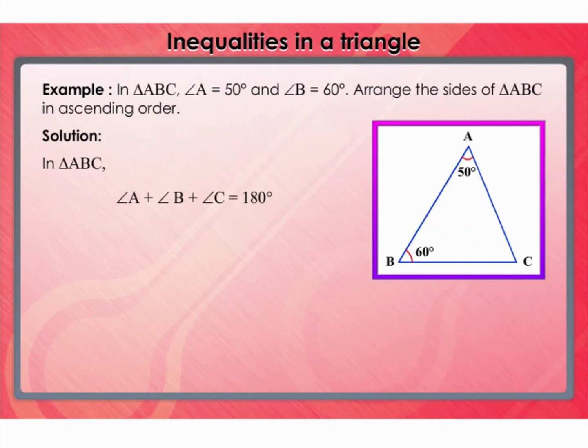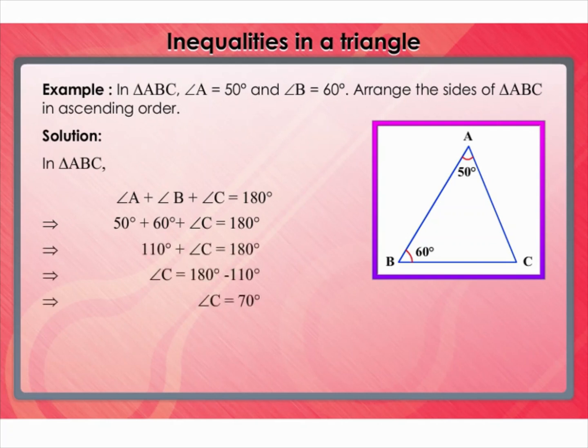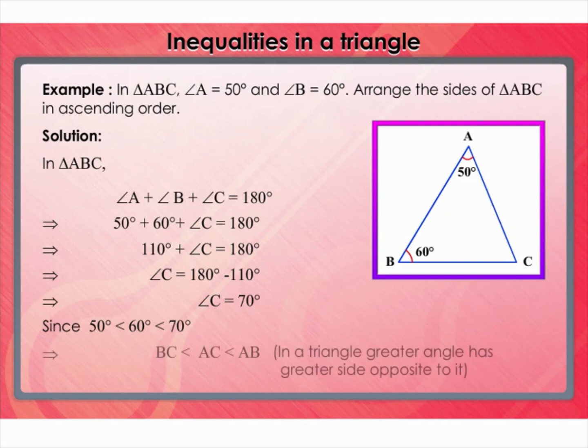In this equation, substitute the angles for A and B. This implies 50 degrees plus 60 degrees plus angle C is equal to 180 degrees. Solving this, we get angle C equal to 70 degrees. Since 50 degrees is less than 60 degrees is less than 70 degrees, this implies BC is less than AC is less than AB.